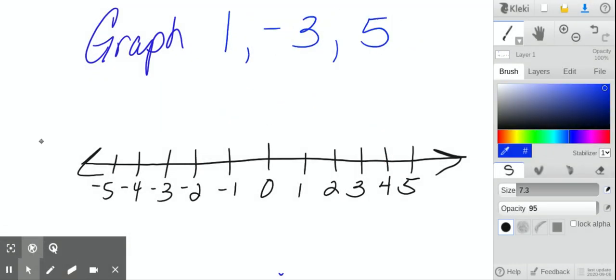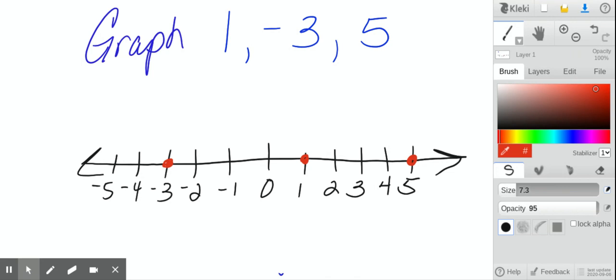Okay, now let's say they told you to graph these integers. So again, you're going to plot the points on the number line. I'm going to plot a positive 1, graph negative 3, plot a point at negative 3, and then plot a point at 5. Now, if it also said to put them in order from least to greatest, you have to know that all negative numbers are always less than positive numbers.